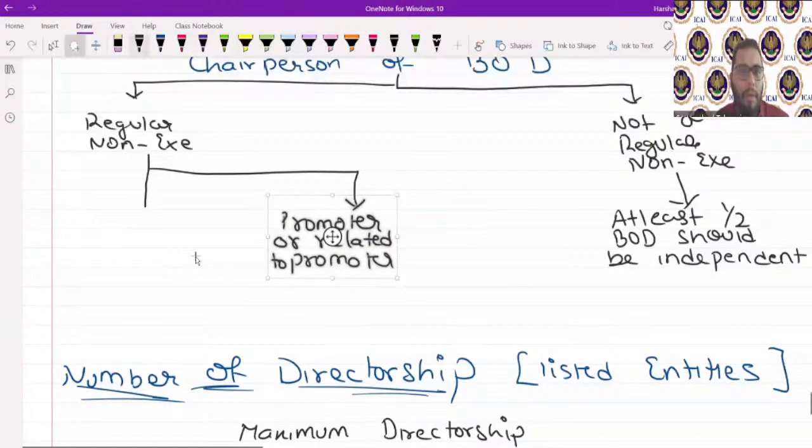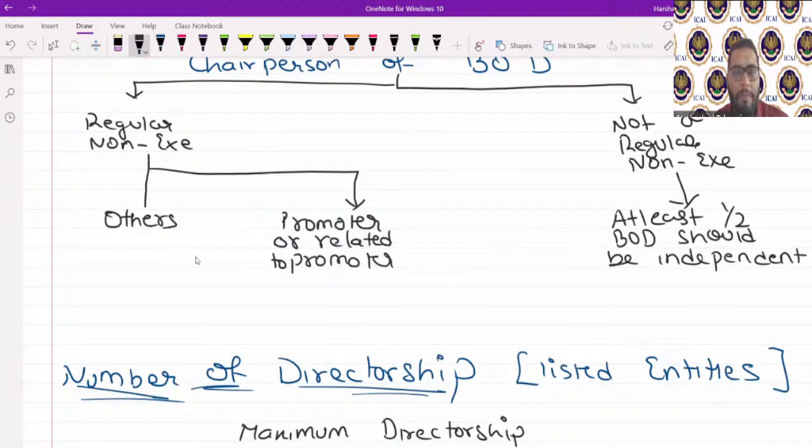And others. Now if the regular non-executive director is a promoter or related to a promoter, then again at least half of the board should be independent.